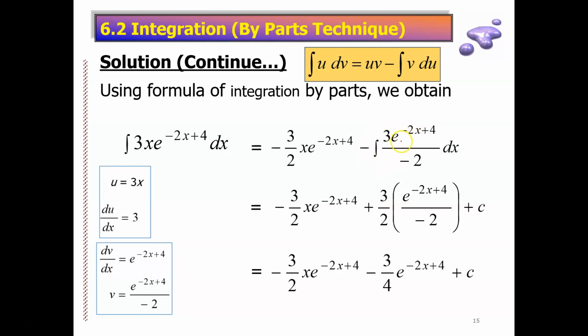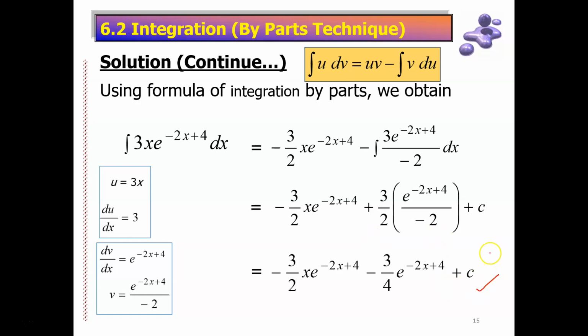Integrate the exponential and you get back the exponential, divided by negative 2. Multiply again by 3 over 2, because originally it had 3 over negative 2. Then you plus C. You just rewrite it back, only need to expand this one. So you get the answer.